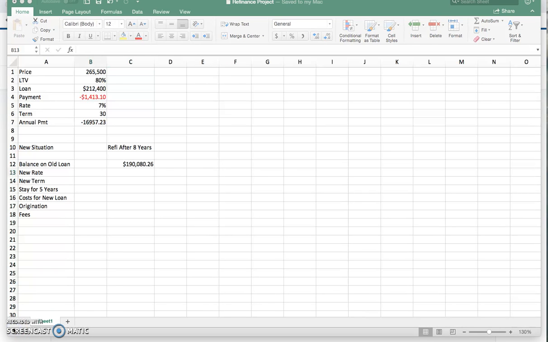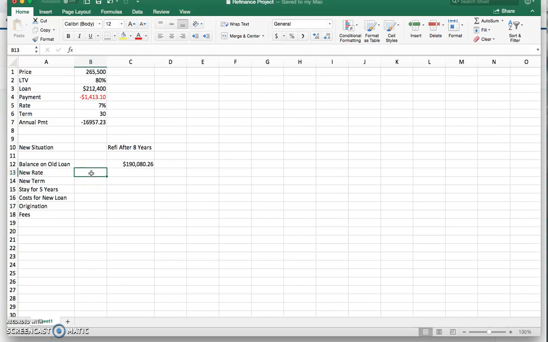For the new situation, there's a couple more given values. The new rate is 5%. The term is still going to be 30 years. It's still a 1% origination fee, and the fees have gone up by 10%, all due up front, so that's now going to be $2,200.